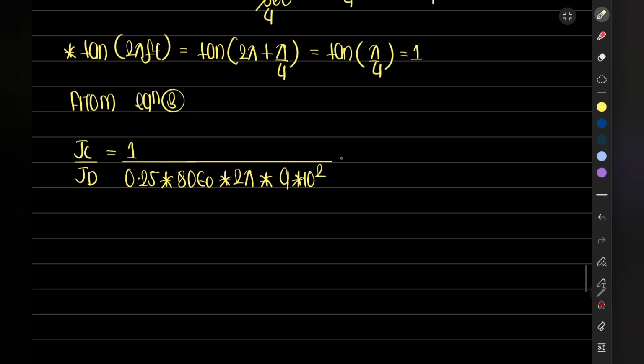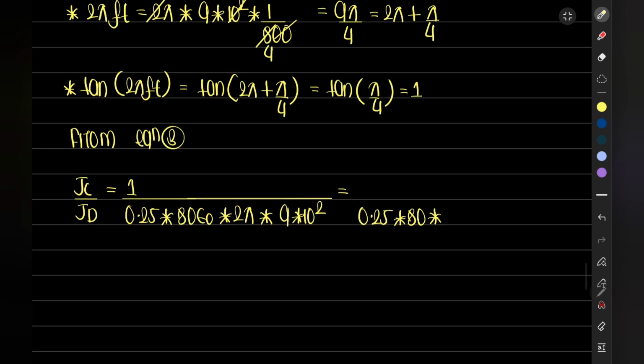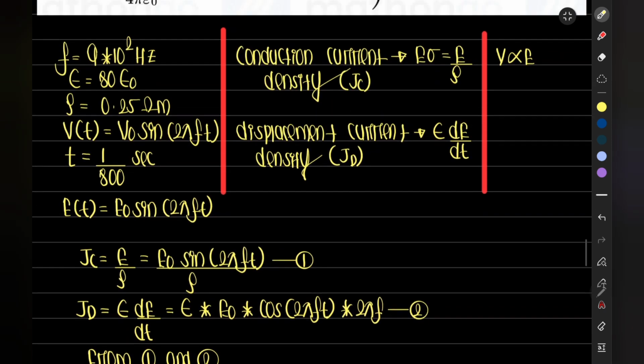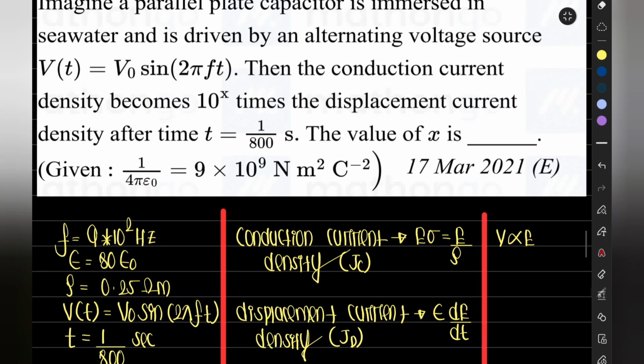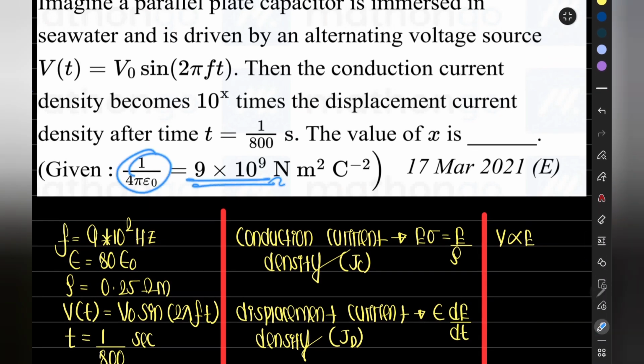Now let's try to simplify them. 0.25 I will put after some time. 80 I am keeping as it is. Now we need to put epsilon naught. In the question they have given that 1 upon 4 pi epsilon naught is 9 into 10 to the power 9.